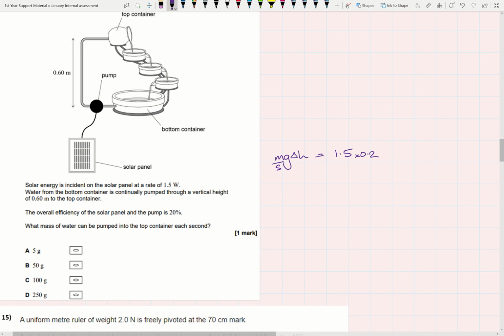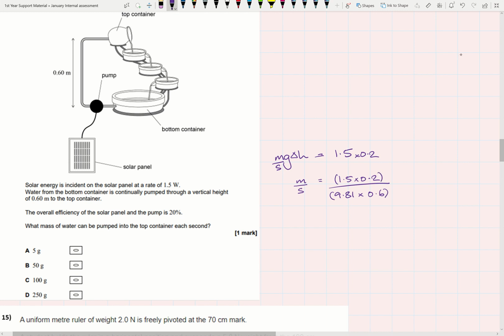What I'm trying to find is M over S, so the mass per second. So that's going to be 1.5 times 0.2 divided by 9.81, which is G, times the change in height, which is 0.6. So if I do 1.5 times 0.2 divided by 9.81 times 0.6, I have to use some brackets here in my calculator just because I do worry.